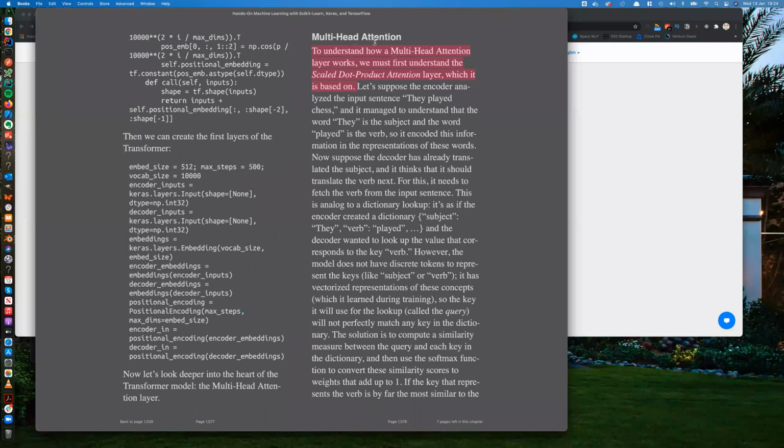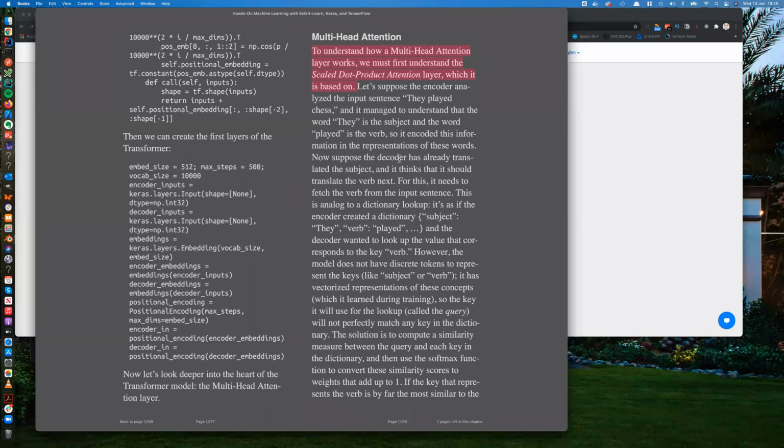So multi-headed attention. This is the critical bit. To understand how a multi-headed attention layer works, we must first understand the scaled dot product attention layer, which it is based on. Let's suppose the encoder analyzed the input sentence, "They played chess," and it managed to understand that the word "they" is the subject and the word "played" is the verb. So it encoded this information in the representation of these words.